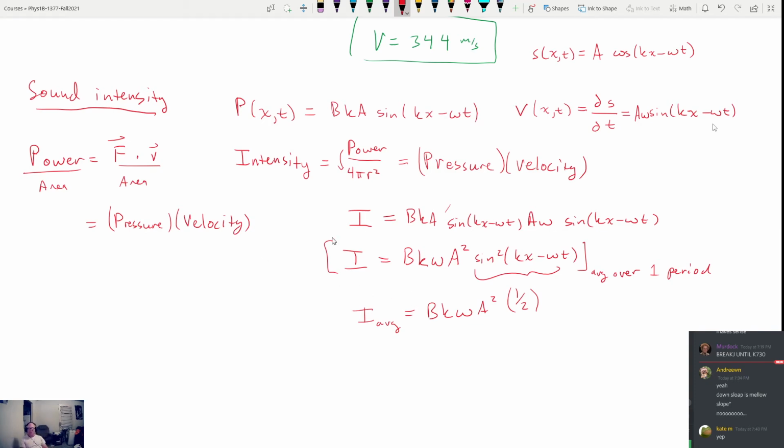Oh, and then we can replace... What do we want to do? We want to throw velocity in here or something? Omega equals v times k, and v equals the square root of b over rho. So we're going to use omega is equal to v times k, and we're going to use the fact that v is equal to the square root of b over rho.